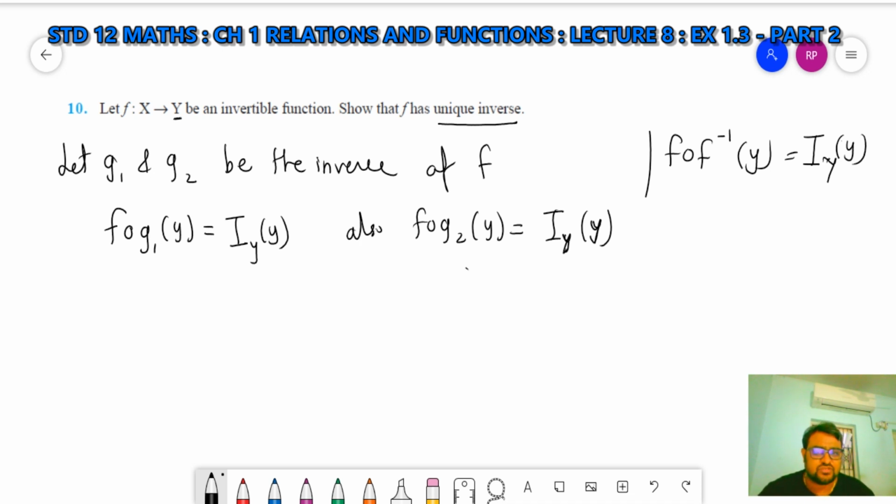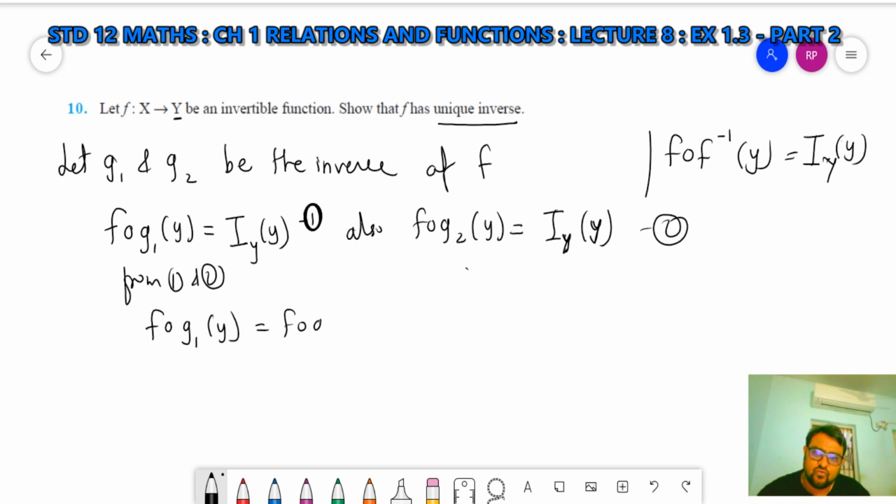Because g2 is also an inverse. So from 1 and 2, I can write down f o g1 of y equals f o g2 of y. So f of g1(y) equals f of g2(y).